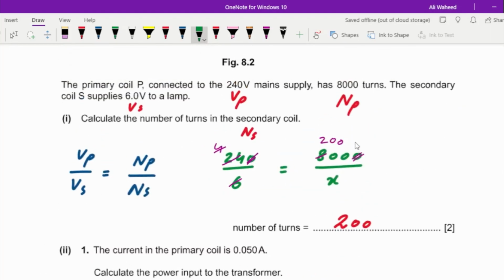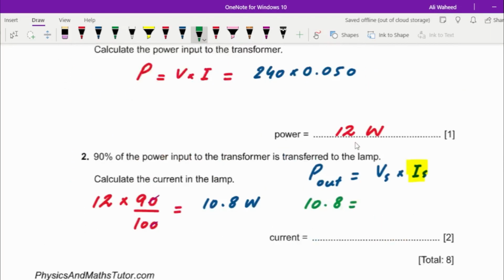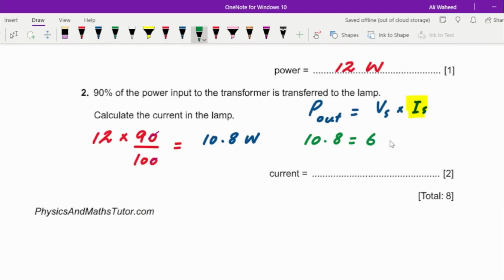Yes, it was 6, times X, or IS, whatever you want to write it, and that would be 10.8 divided by 6. Then you hit it on the calculator and let me know what we get. 1.8. Okay, 1.8 amperes.